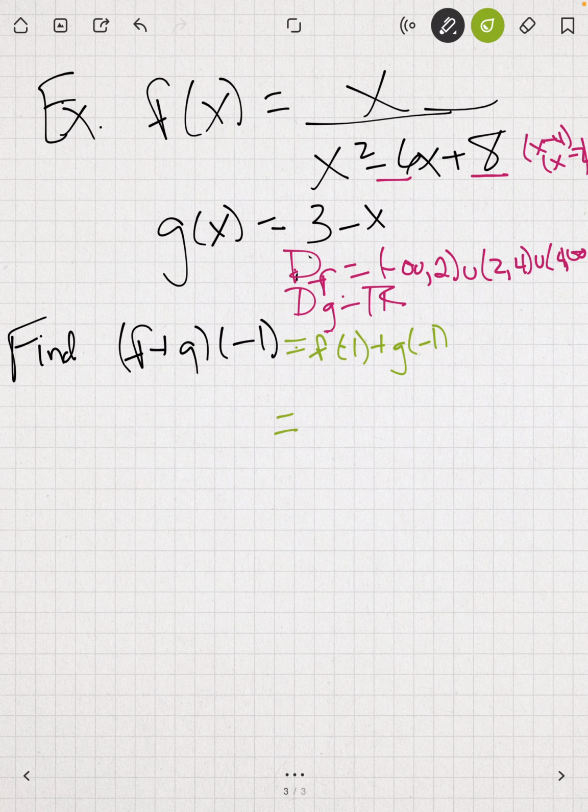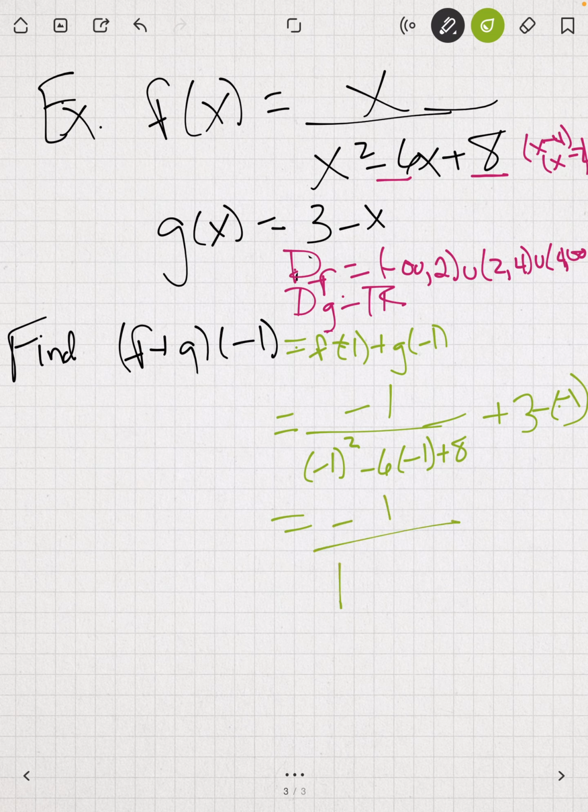So f of negative 1 is negative 1 over negative 1 squared minus 6 times negative 1 plus 8, plus 3 minus negative 1. Negative 1 over 1 squared is 1. Negative 6 times negative 1 is plus 6, plus 8, plus 3 minus minus is plus 4.